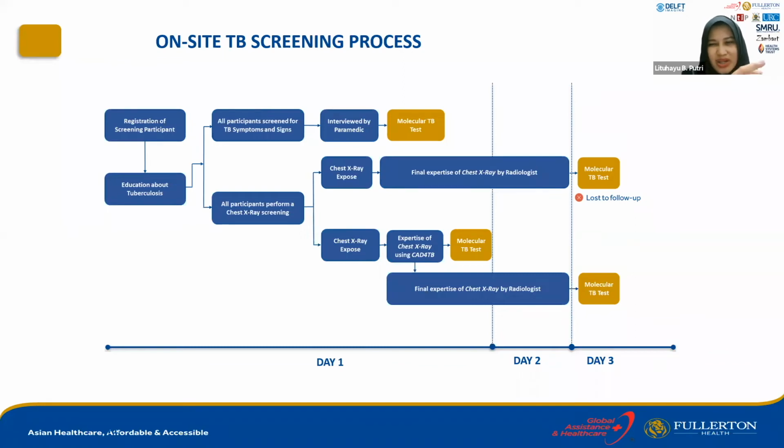Sometimes our radiologists come back with the result fast, but sometimes it takes the next 24 hours after we send the image. Then on day 2 or day 3, we get the screening result, whether it is suspect or not. When they are suspect, we continue to the molecular TB test, or the GeneXpert.